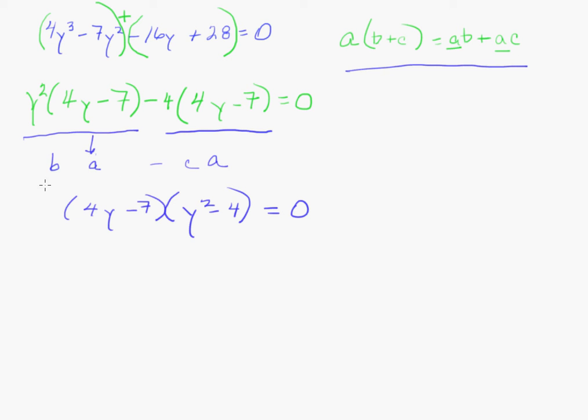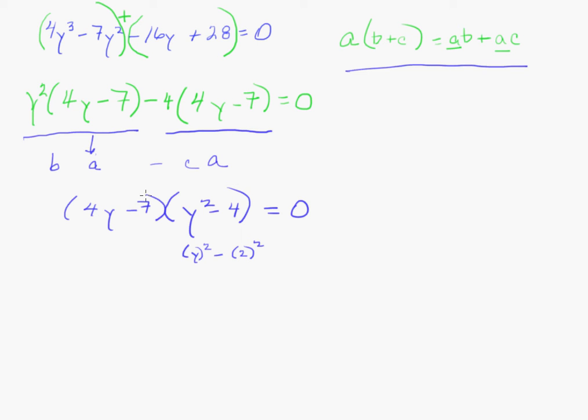So I look at the two terms and I say, am I completely factored? I think that 4y minus 7 has no common factors, so it's fine. But I see y squared minus 4, and we can see there that we have this difference of squares case, where we have an a squared minus b squared.